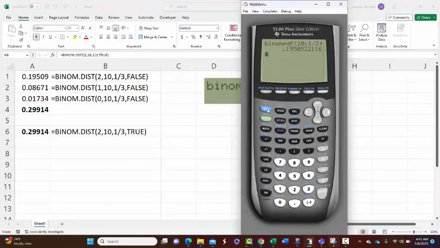If I go second vars, I'm not going to do the 0, the all 2, 2, 1, 0, all that for this one. I'm just going to show you the CDF. Okay, 10 trials. P is 1/3. And it's 2.